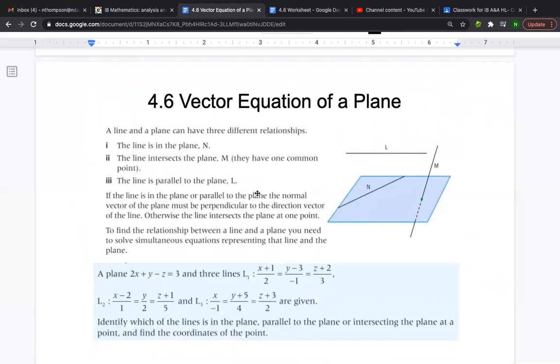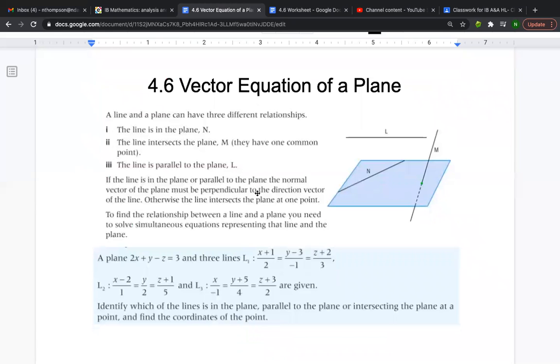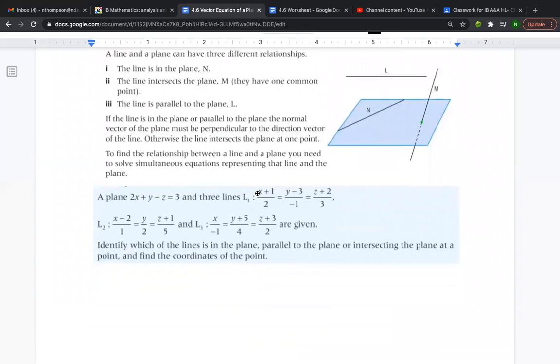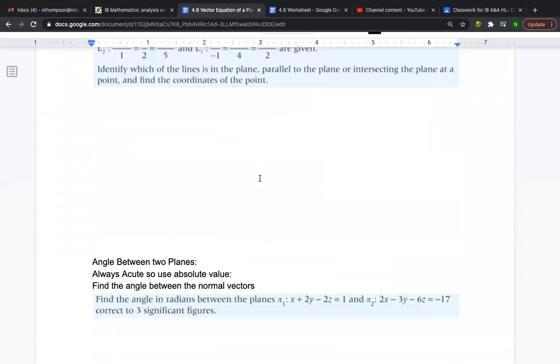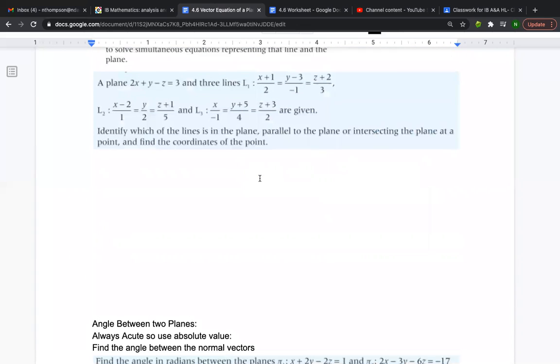Okay, so the line and planes can have different relationships. You can see that picture. I think it's just pretty straightforward. But we're going to go through this example with numbers, and it will do each of those things to show how they're all related. Okay, so let me get over here.